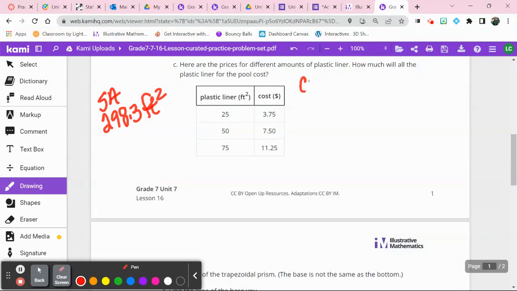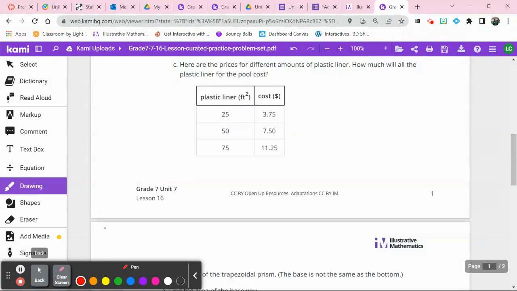So I'm going to do the cost divided by the feet squared. So that's $3.75 divided by 25, and find out how much each foot squared costs. $3.75 divided by 25 is 15 cents.